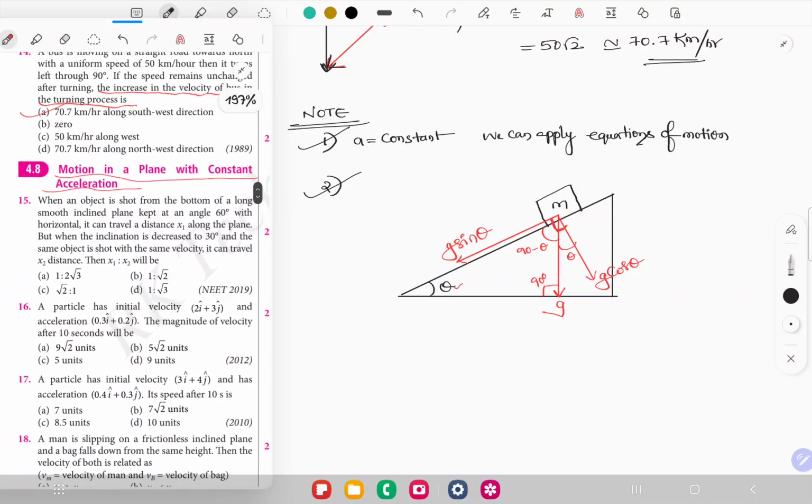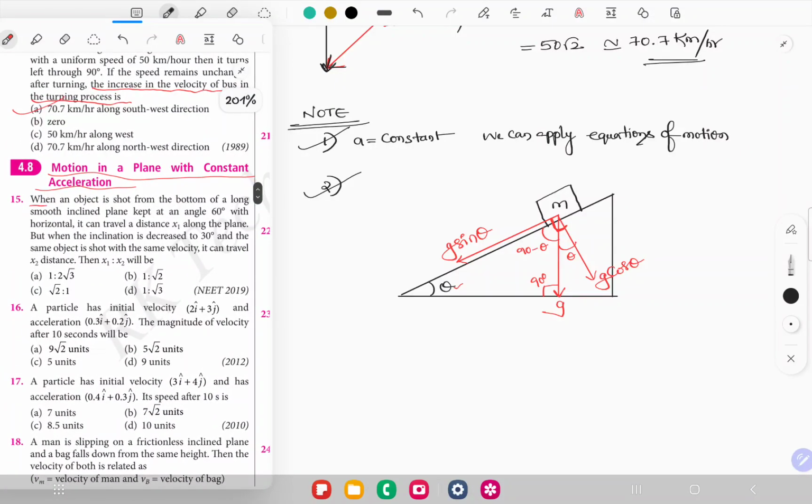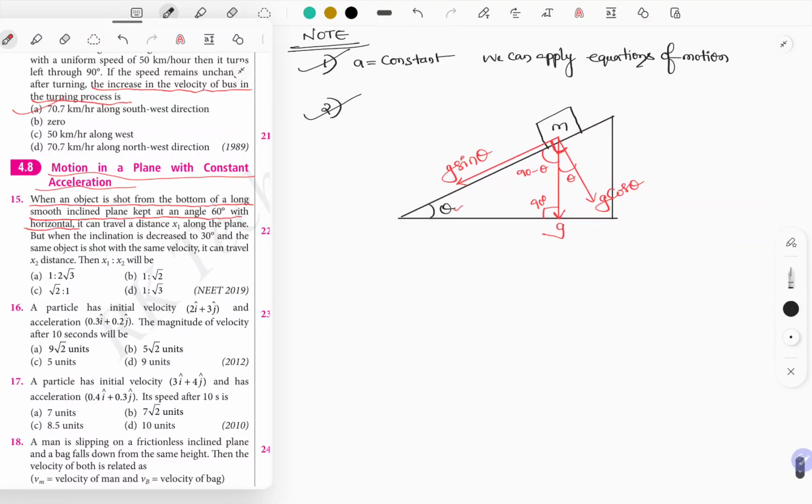So they have given it a different way. When an object is shot from the bottom of a long, smooth, inclined plane kept at an angle of 60 degrees with horizontal. Super. Question number 15.